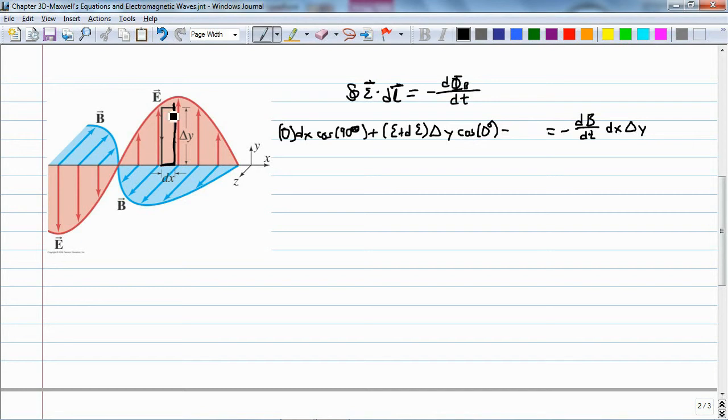Now we're going to subtract this little section here, and that's just going to be E dx cosine of 90 degrees.